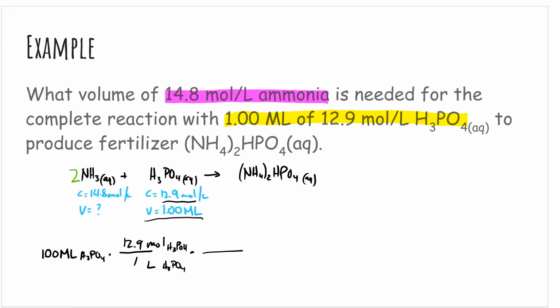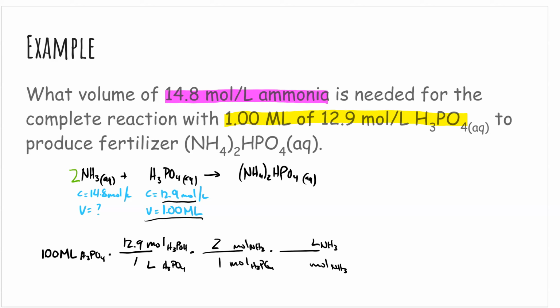Now I have to use the mole ratio, and I'm going to replace moles of H3PO4 with moles of NH3. And my mole ratio from my coefficients is 2 moles of NH3 to every 1 mole of H3PO4. Finally, I have to replace moles of NH3 with volume of NH3, which would be liters of NH3.